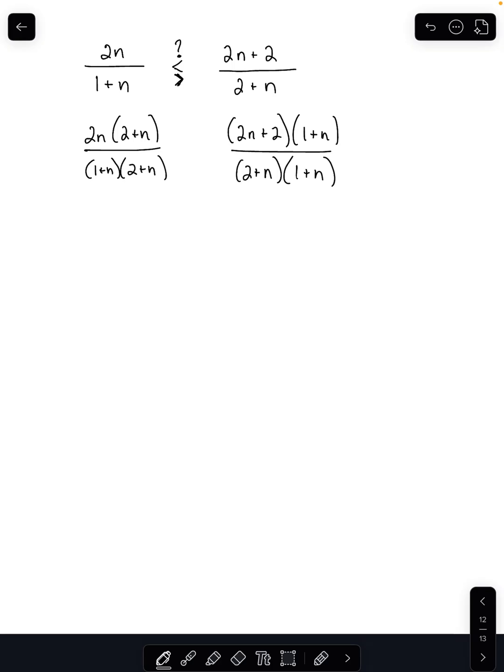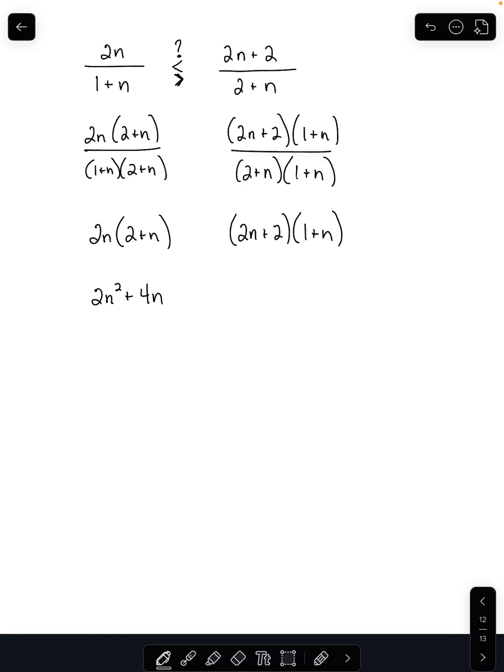Of course, now they have the same denominator. So in order to compare which one is bigger, we need simply compare the numerators. Well, we can do this by distributing on the left side. That would give us 2n squared plus 4n.